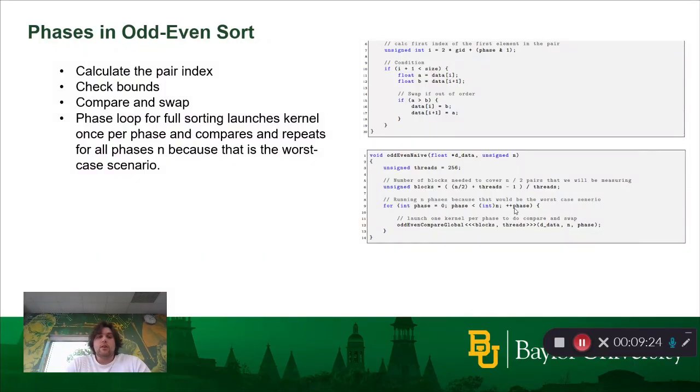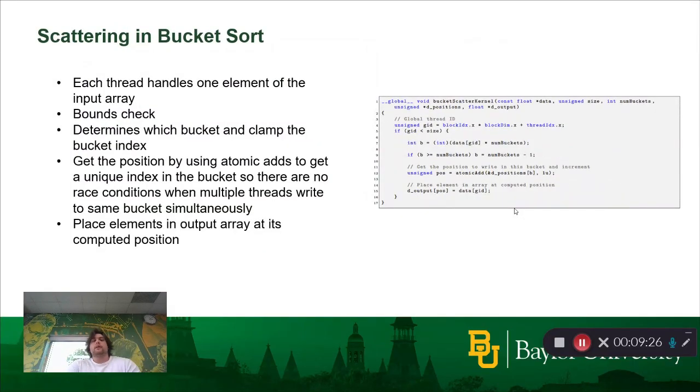And so now, the last thing I'm going to talk about is the scattering in the bucket sort. Each thread handles one element of the input array. Then we check the bounds with this if statement. Then we determine which bucket we're going to put it in, and we clamp the bucket index as well.